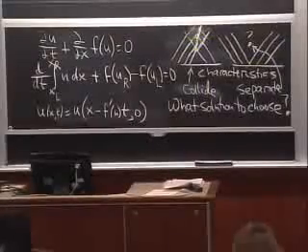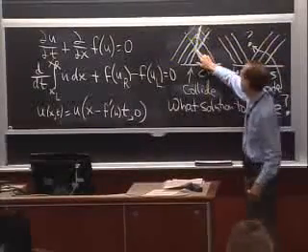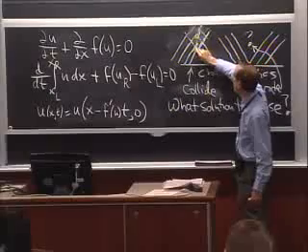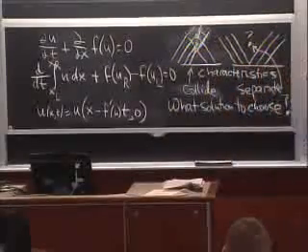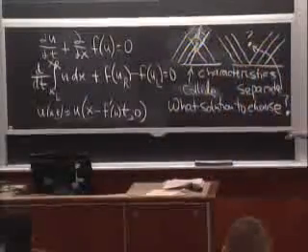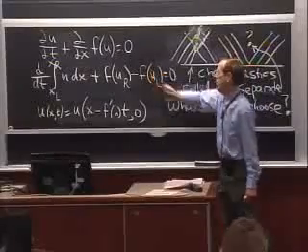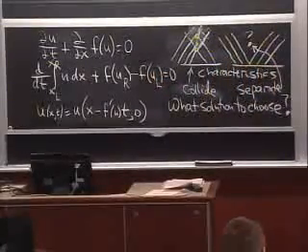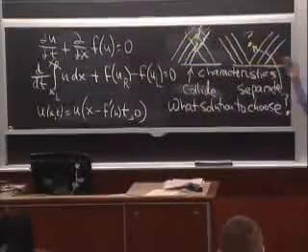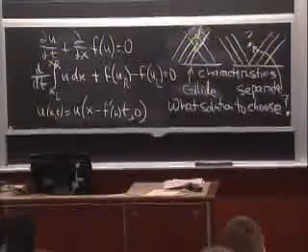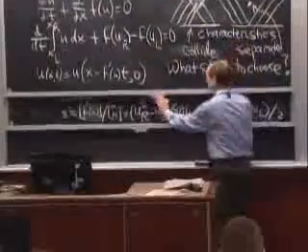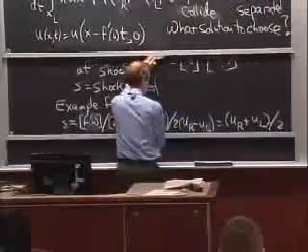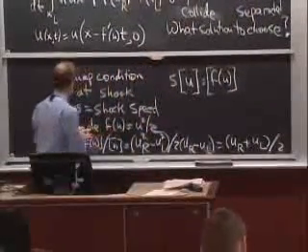What's the shock speed? Where does this shock go? To find that shock in the xt plane, I have to use this integral form. I must use the integral form because I've got a discontinuity, and the differential form just doesn't make sense. Okay. I wrote down the key idea here, or the conclusion, but not the reasoning.